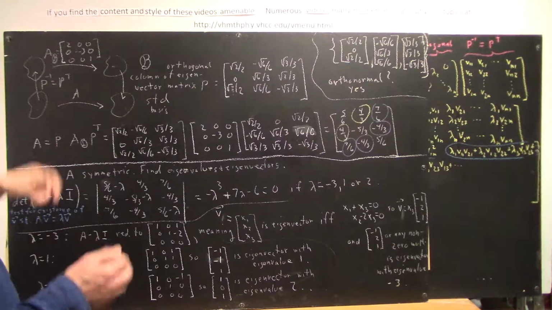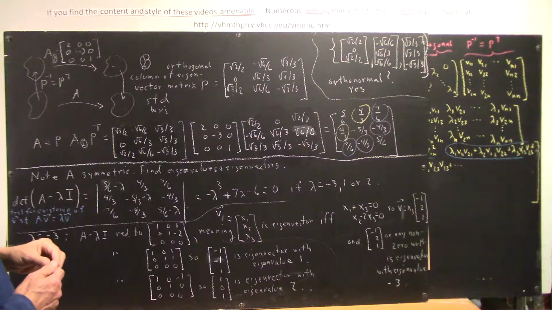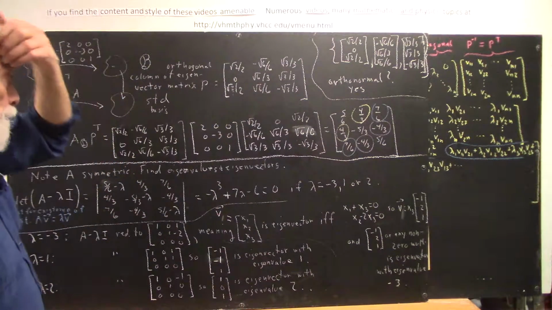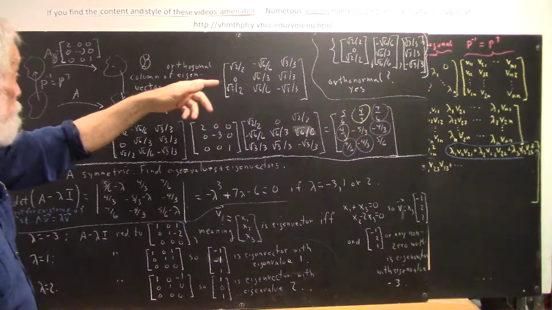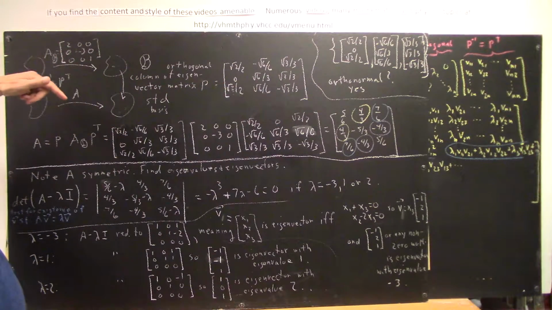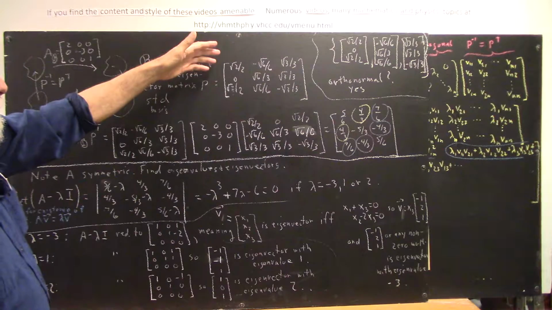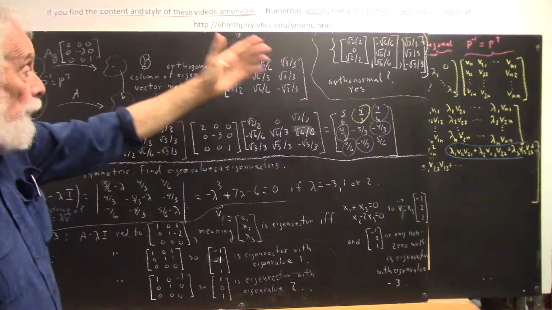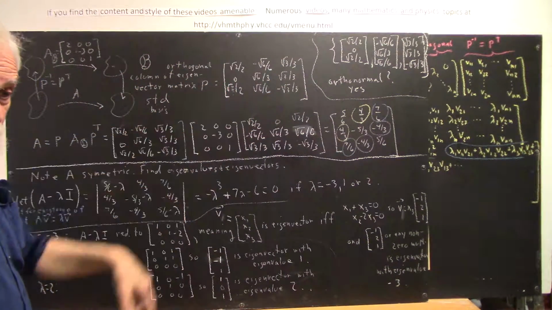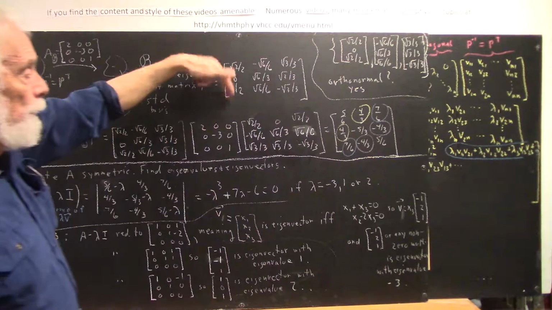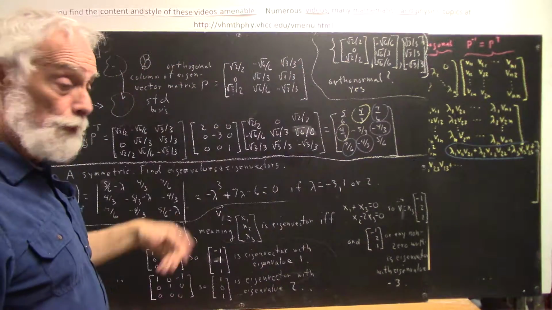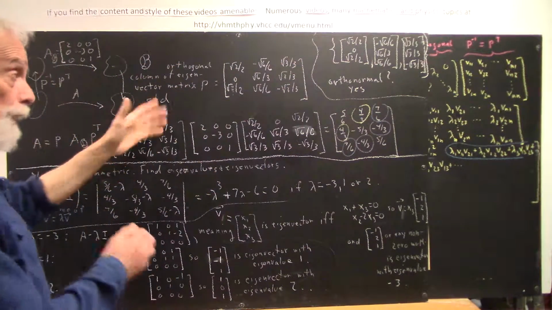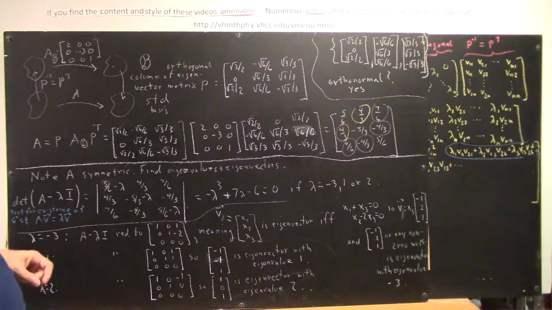Now, I didn't mention, but it should be implicitly understood that we have an orthonormal basis, or rather an orthogonal matrix, which P is. Orthogonal matrix means that you have three column vectors that are orthogonal to one another, each one of magnitude 1.